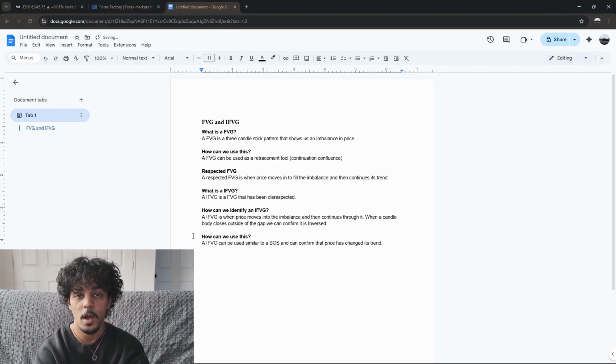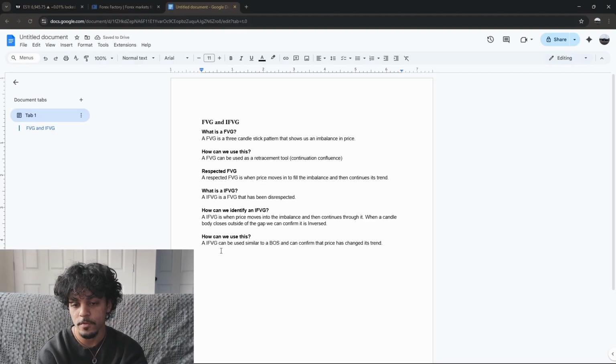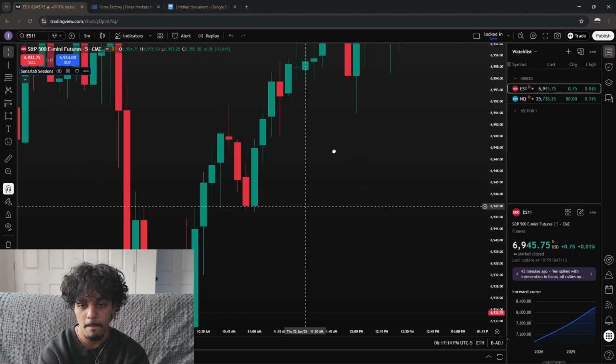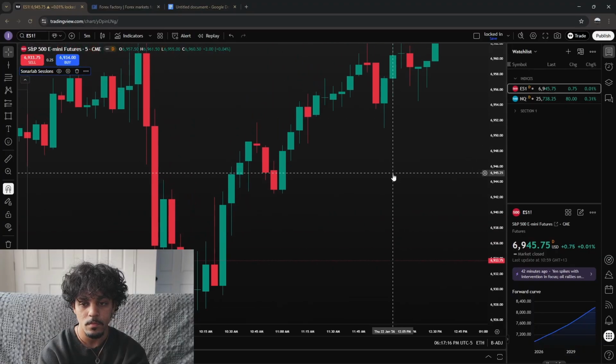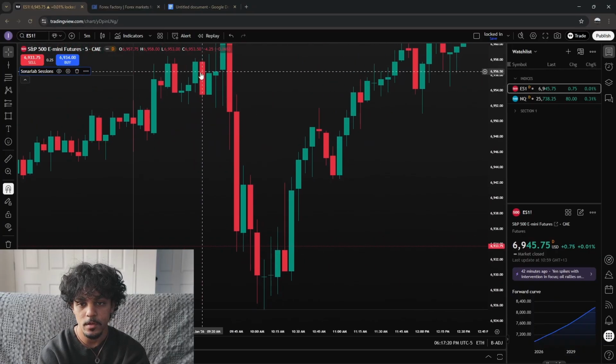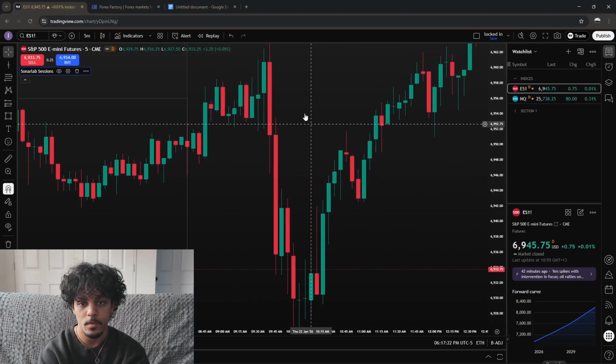So, how can we use this? An inverse fair value gap can be used similar to a break of structure and can confirm that price changed its trend. So we'll look for another example here. We're in a downtrend over here.